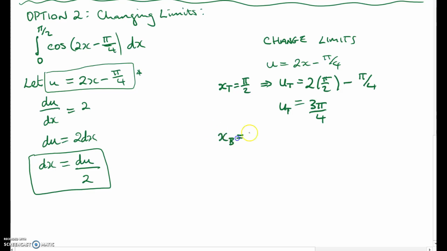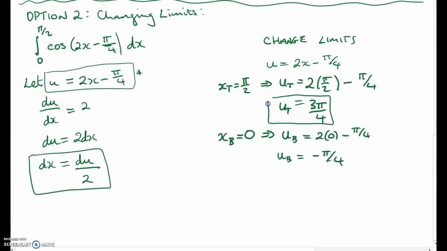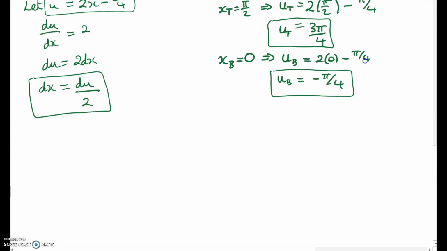xb, the bottom limit, was 0 in terms of x. So u bottom will be 2 times 0 minus pi over 4, which is just ub is equal to negative pi over 4. So these are our new limits. So now we have this situation.